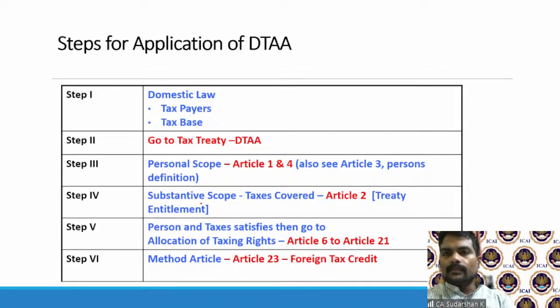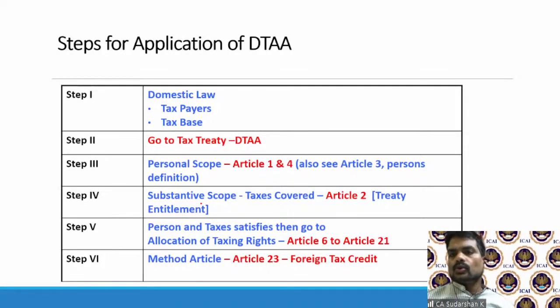My approach, which I feel is a more sensible approach, is to first look at your domestic law, because your domestic law gives you the taxing rights, the taxing mechanism, and that's where the sovereign power is also there. So look at your domestic law, see if you are taxable on your foreign income, for residents or non-residents as well.